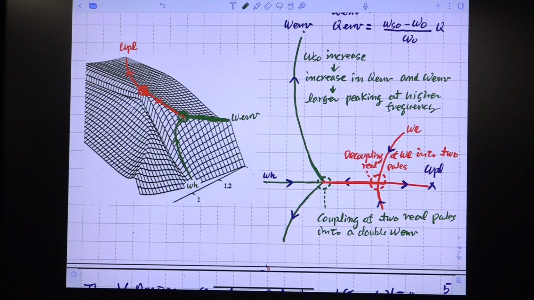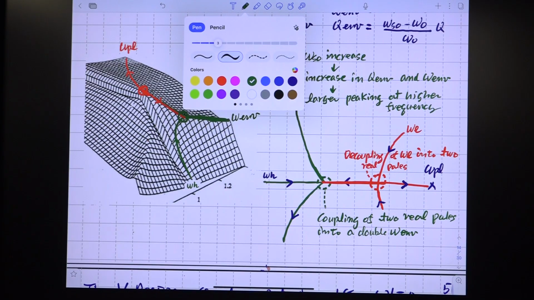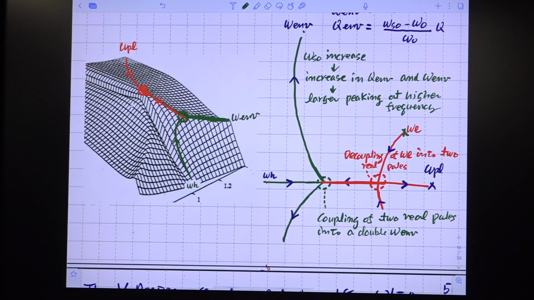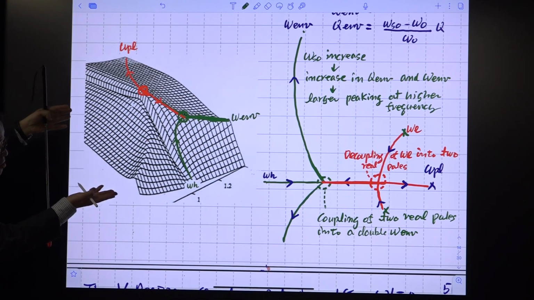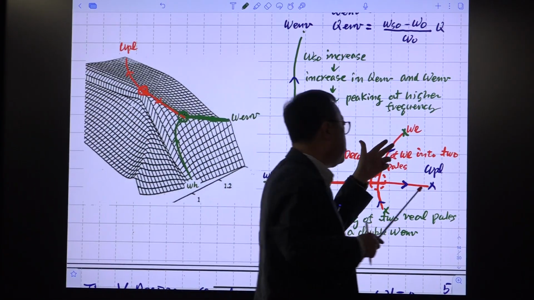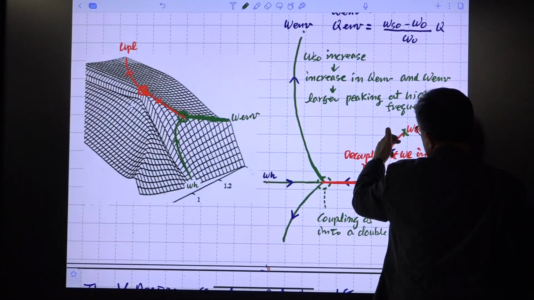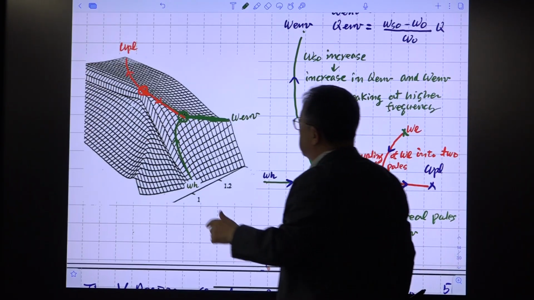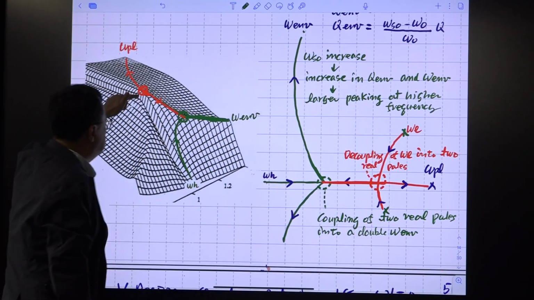Okay, this might be okay. Then we started out here, and these 2 poles, this double pole, somehow their Q is reduced, so maybe the frequency remained the same, right? Because this is almost circular. Then it stayed here, but Q is reduced.